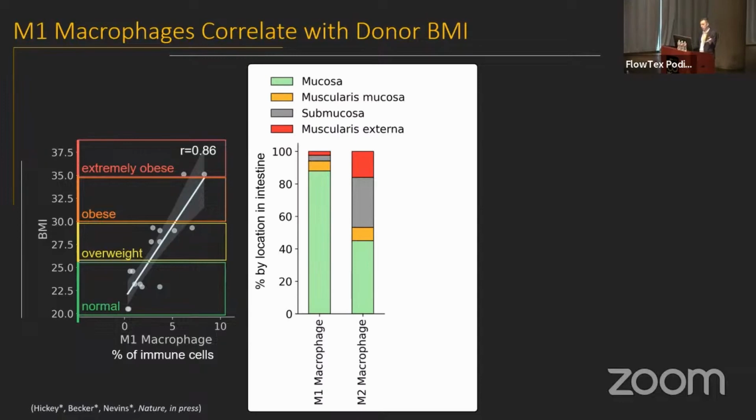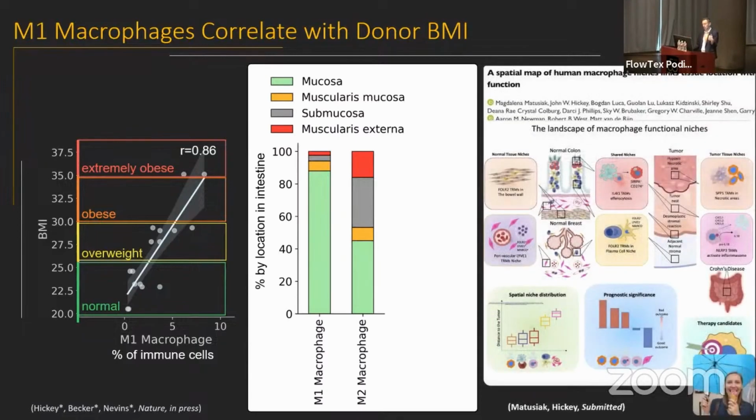We followed this back up with a collaborator that I worked with, Magda, who was really interested in human macrophages. She uses single cell RNA sequencing to further define subsets beyond just M1 and M2. She's looking at 7 or 8 macrophage subsets.